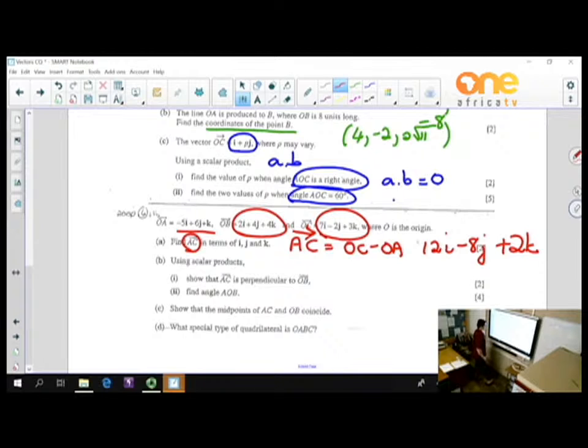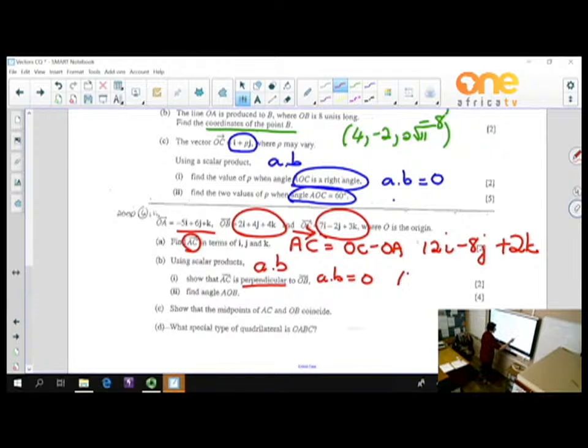Then using scalar products, what is that? A dot B. Show that AC is perpendicular. When will they be perpendicular? If A dot B is equal to 0. So I'm using now AC and OB, those two.